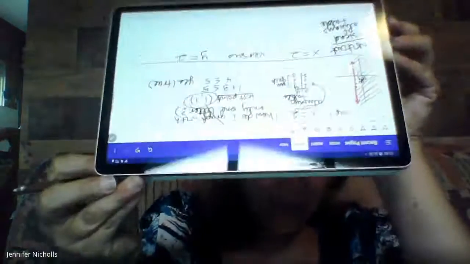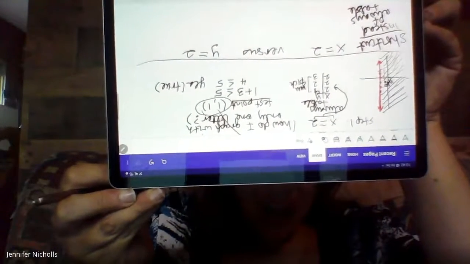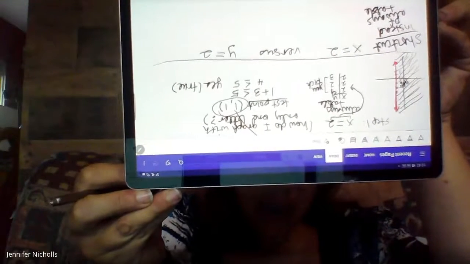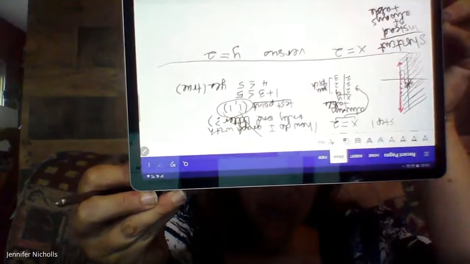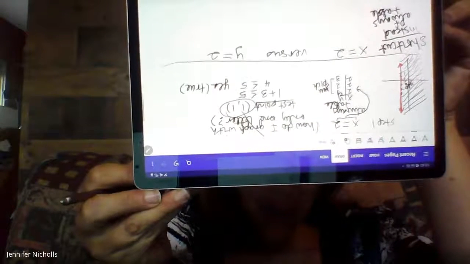If I flip it over, look at my y. What letter does the y look like upside down? Can you guys find my y?